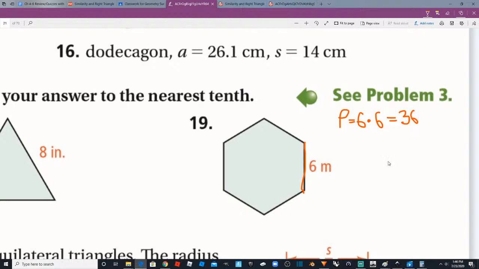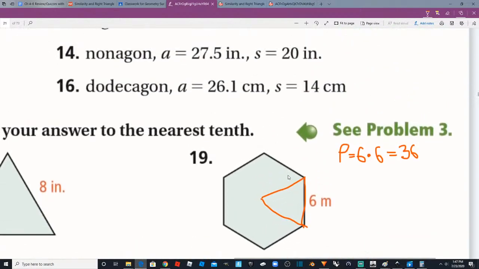So the perimeter of this polygon is 36 meters. Now we have to find our apothem. Let's take the center right here and let's make a triangle.